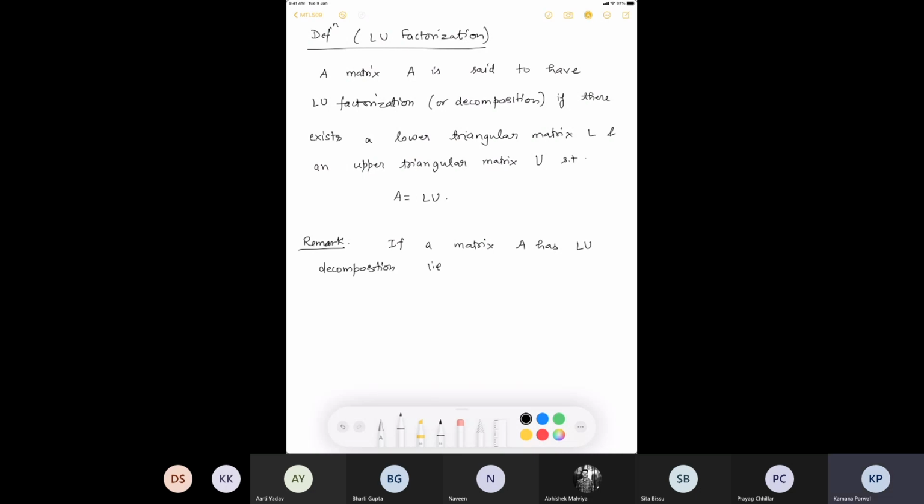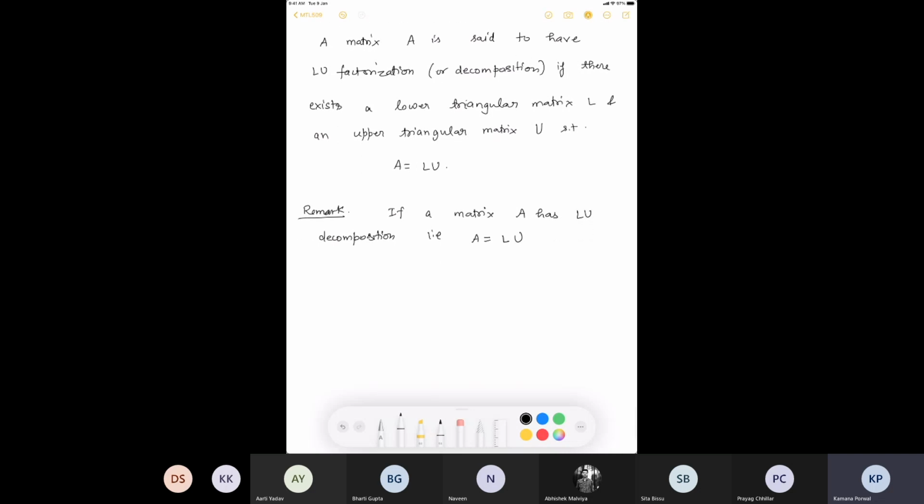That is, I can write A as L into U. So this LU decomposition of the matrix is not unique, right? If you have A as L into U, where L is a lower triangular matrix and U is an upper triangular matrix, L and U are not unique here.